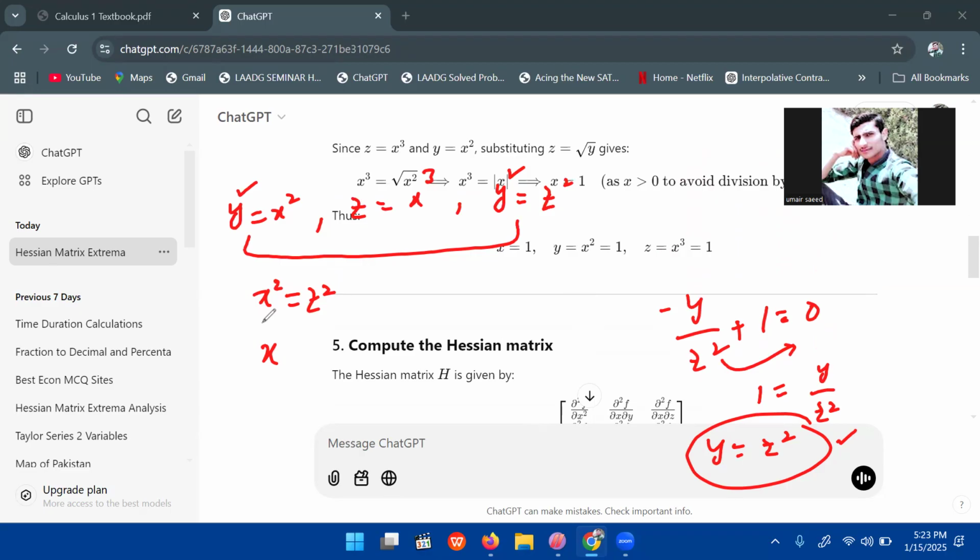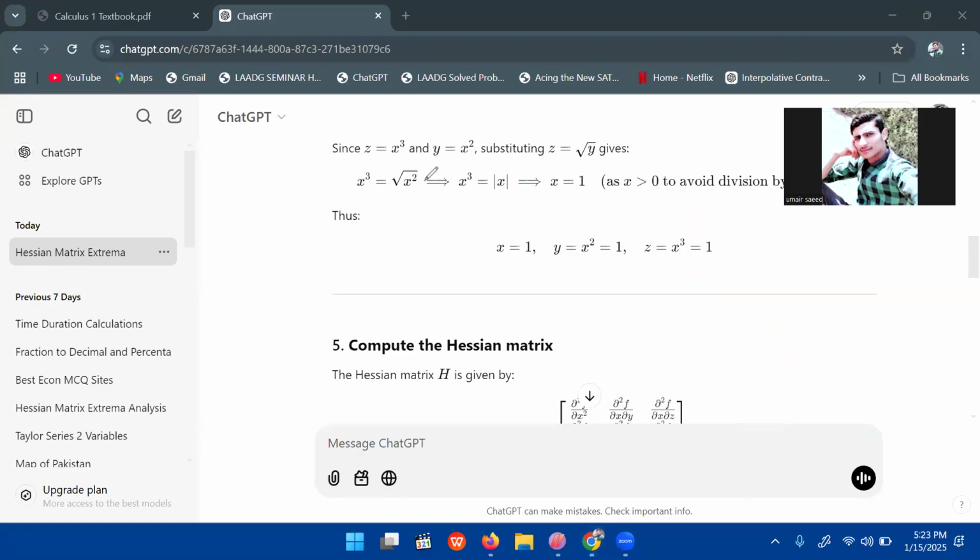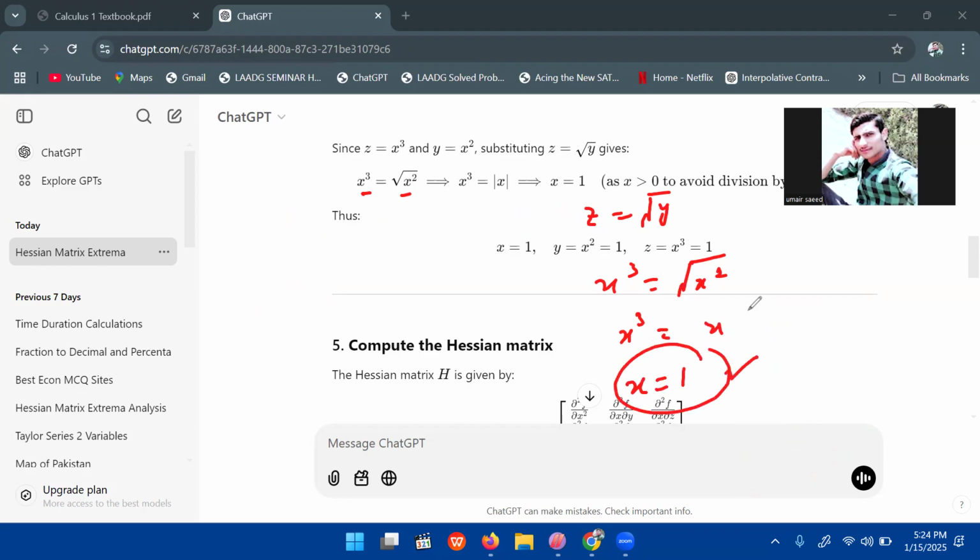From this, we will get x cube is equal to x square. We get z is equal to square root y. So we have found z, which is equal to x cube, and here is square root x square, and we get x is equal to square root x cube. So from this equation, we get only x is equal to 1. So this is the value of x.